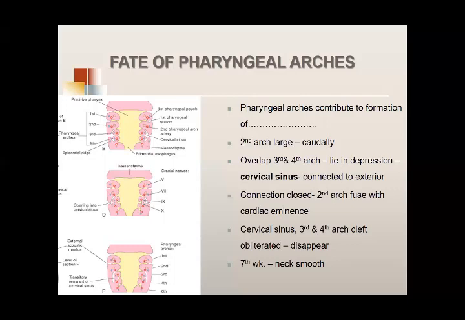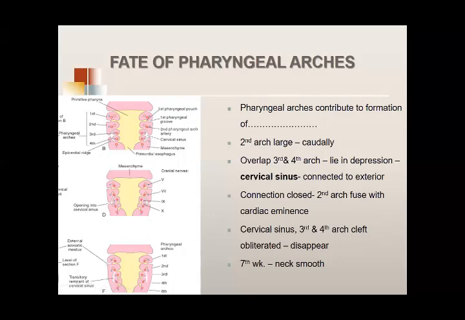They appear as solid rods on the side wall of the pharynx. ये मैंने आपको बताया है. Craniocaudal systematically appear करती हैं, the first one, then the second, third, fourth. So craniocaudal sequence में ये appear करती हैं.